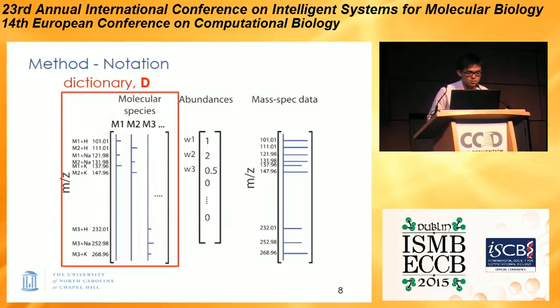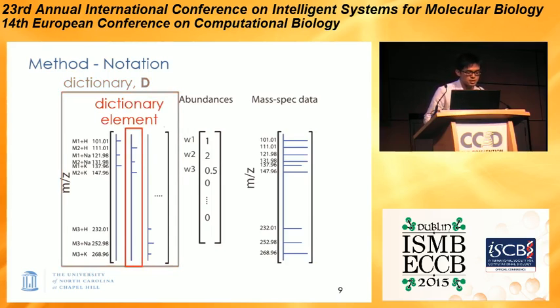So here is a dictionary, referred to as D, where M1, M2, M3 represent individual molecular species, and the peaks shown in blue represent the individual spectra for these molecular species. A dictionary is a matrix of all the spectra of all these individual molecules.